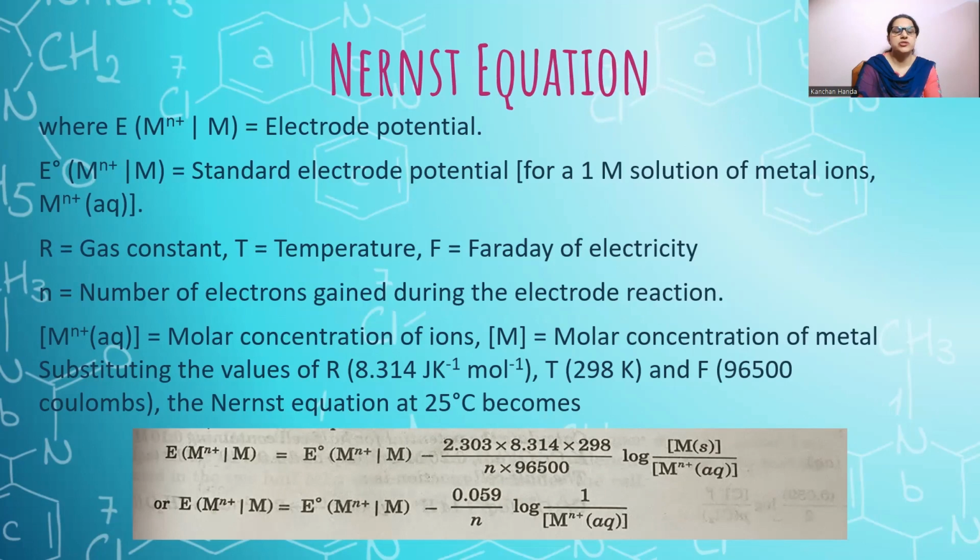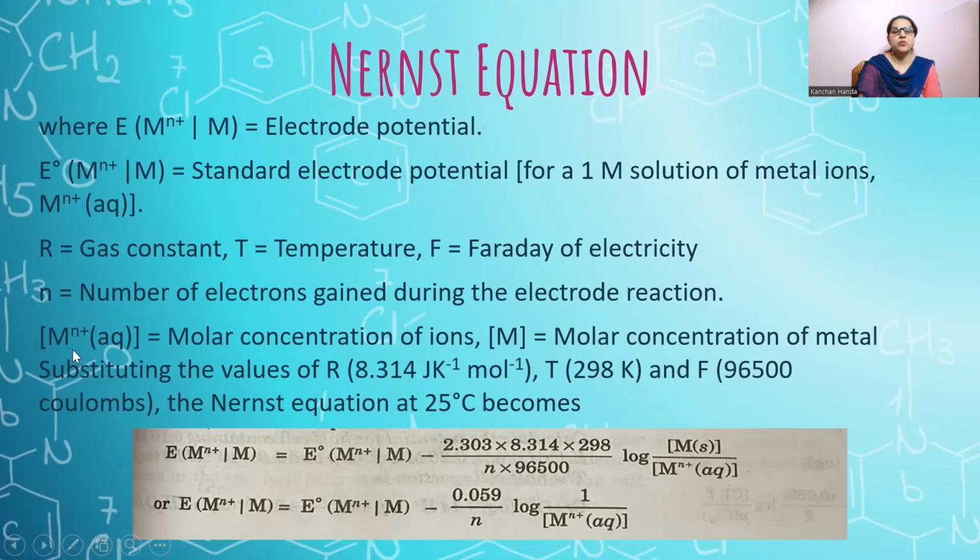In this Nernst equation, E stands for electrode potential and E naught stands for standard electrode potential for a 1 molar solution of metal ions. R is the gas constant, T is the temperature in Kelvin, and F is the Faraday of electricity, where small n is the number of electrons gained during the electrode reaction.